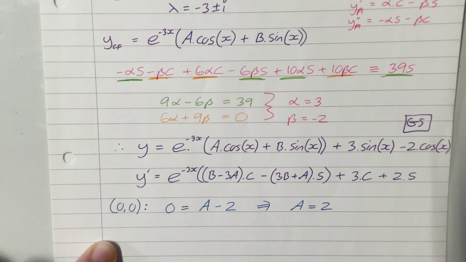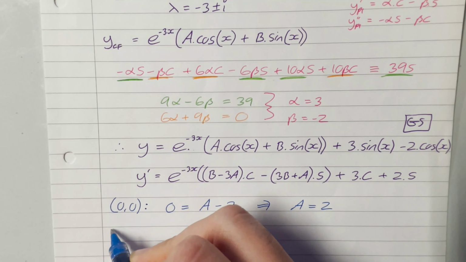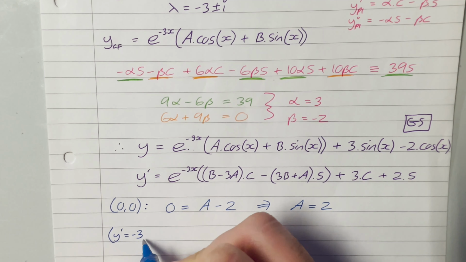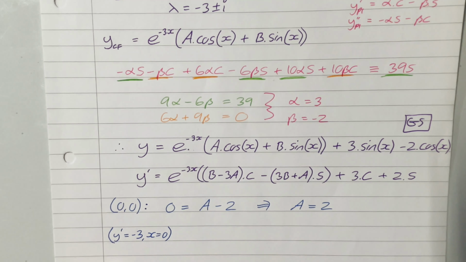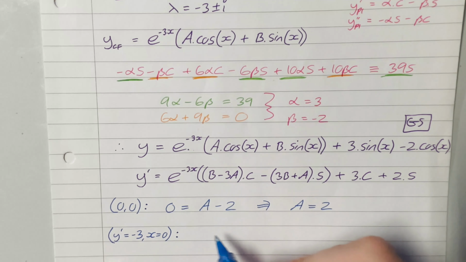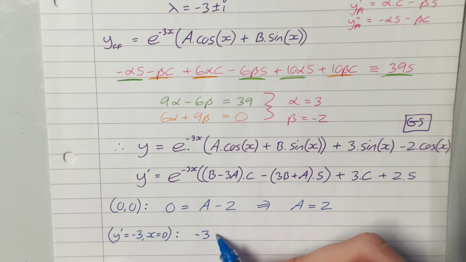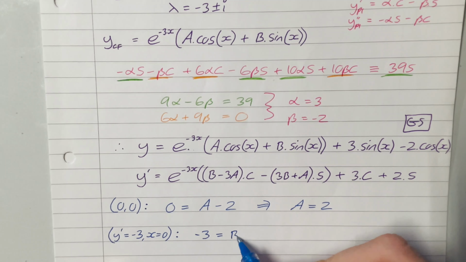And then the other condition was y primed is -3 when x is 0, because it passes through the origin with a gradient of -3. And that tells me that y primed is going to be equal to b minus 3a.